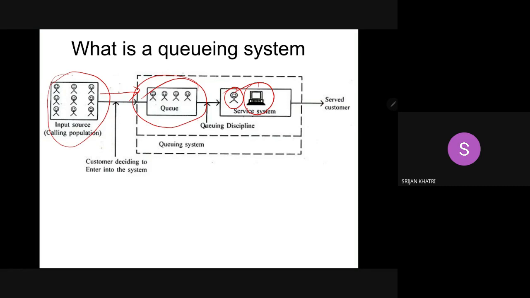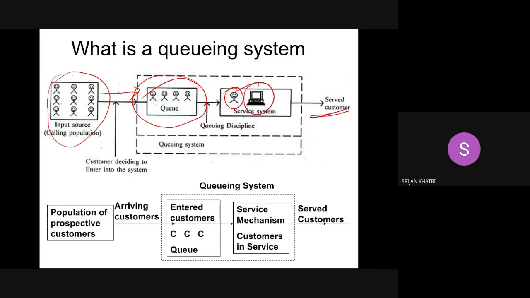After getting the service, he becomes the served customer and leaves the system. So from the population of the prospective customer, the customer arrives and enters the system to form the queue, and then from the service facility the customer gets the service and becomes the served customer.